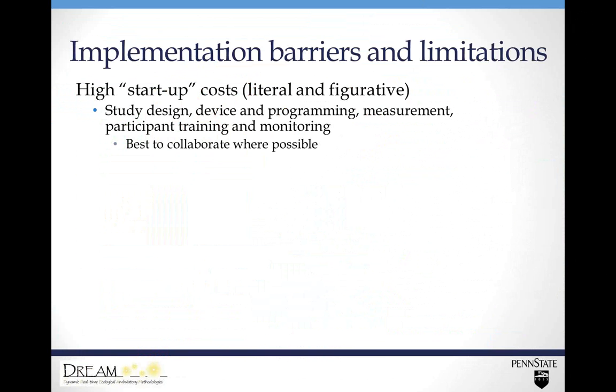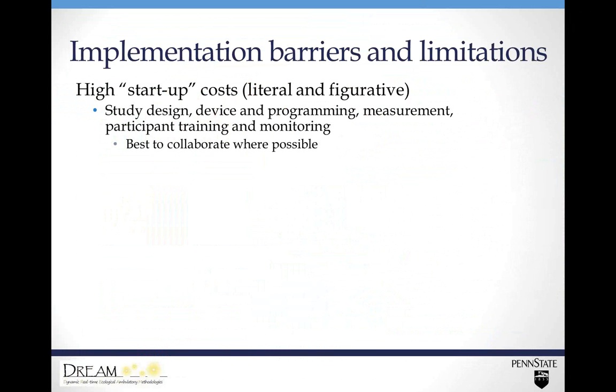All right, so there are a few implementation barriers and limitations, and one is the high startup costs. So literal and figurative, meaning not just monetary costs, but costs in time and costs for people to help you. The study design, device, and programming all require a lot more time and investment.